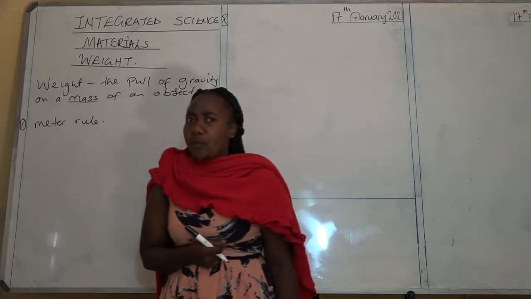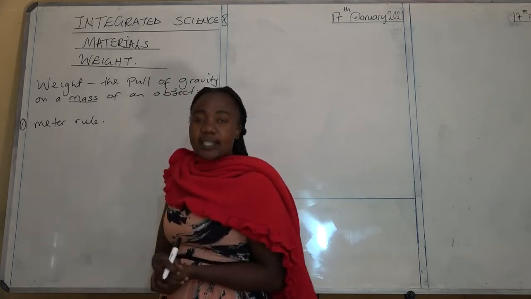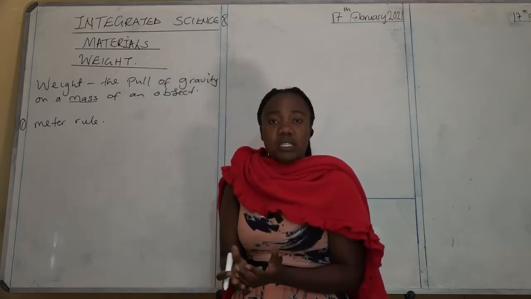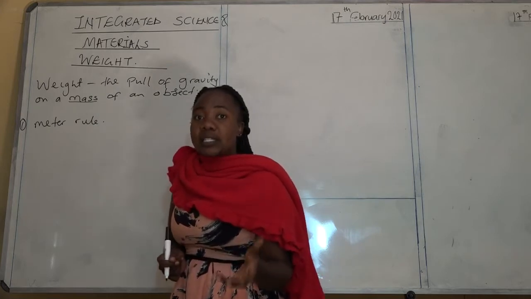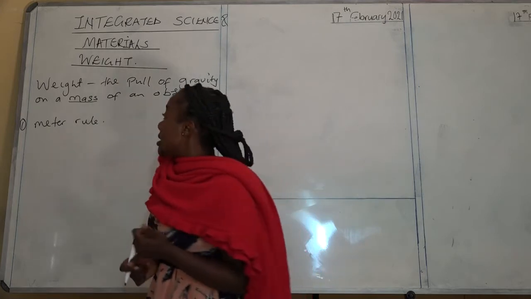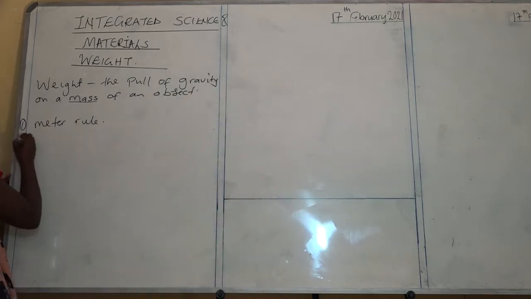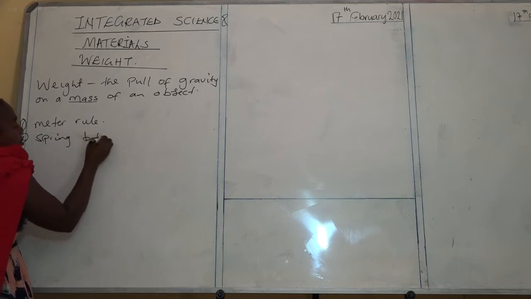Apart from a meter rule, which other instrument can be used to measure weight? Another instrument that we can use to measure weight is a spring balance. Are we together, class?